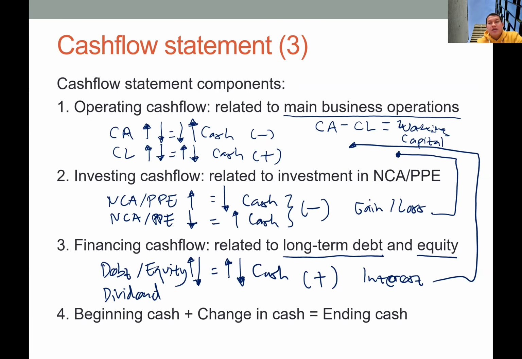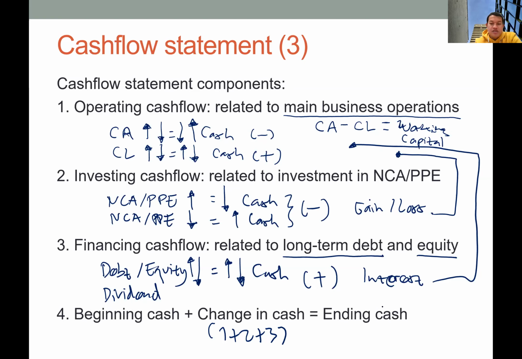Okay, so if we sum these three accounts, operating, investing, and financing cash flows, we will get the net change in cash. So this one is basically 1 plus 2 plus 3. And then if we add this net change in cash to the beginning balance of cash, we will find the ending balance of cash.